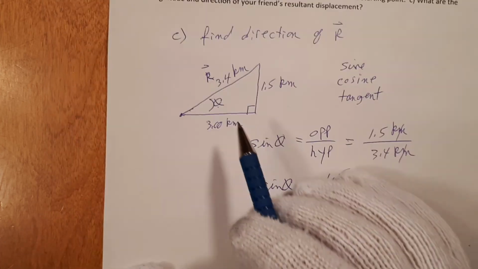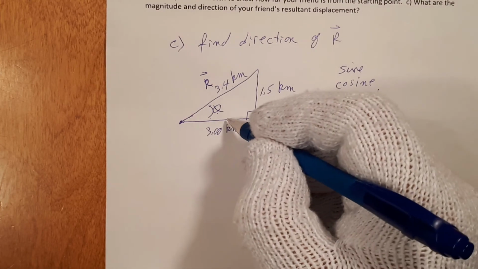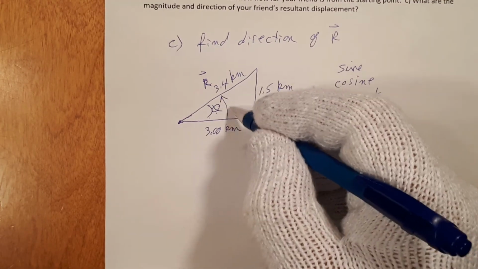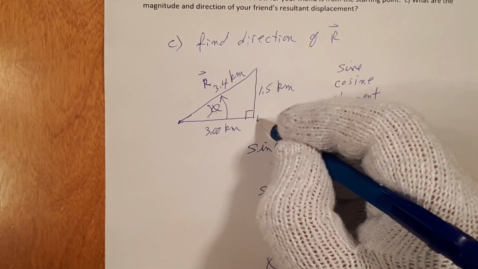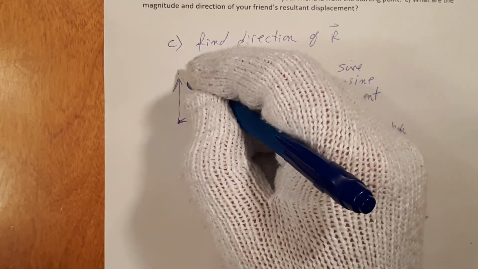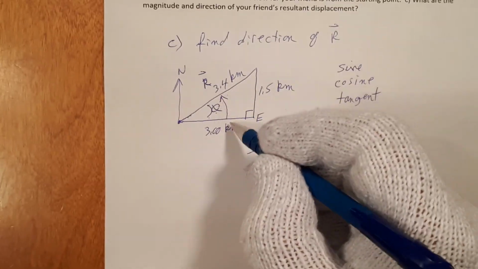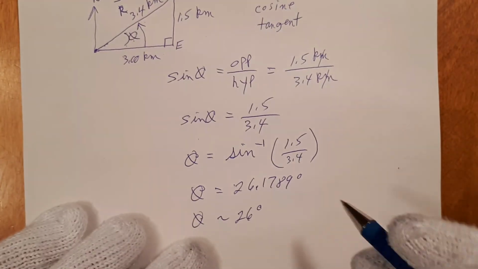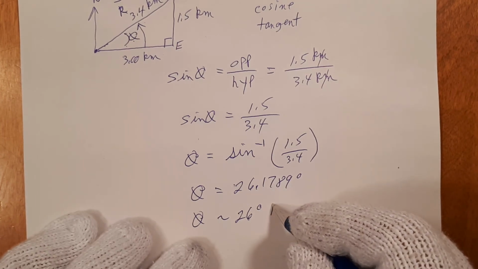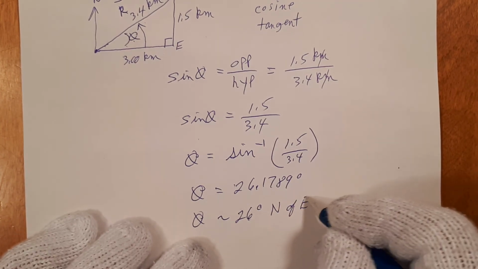But it's not just 26 degrees. We also have to give it some direction. So it's going north of east. This is east. That way is north, and we're sweeping north of east. So it's 26 degrees north of east.